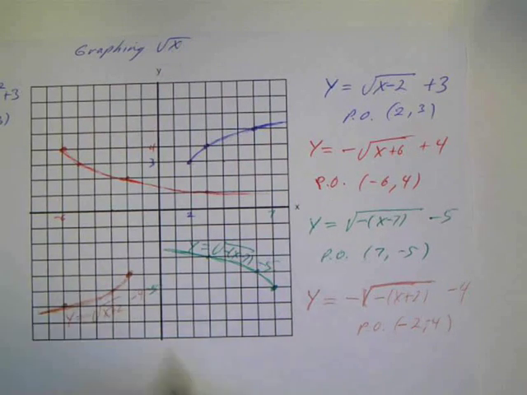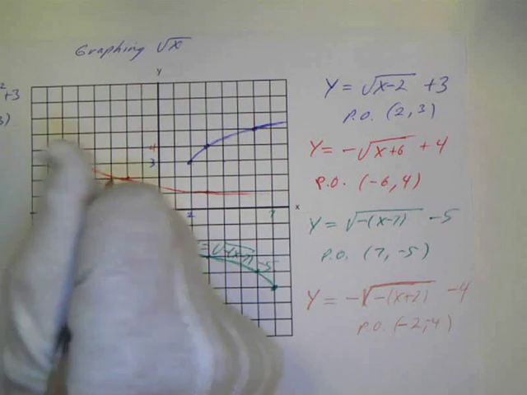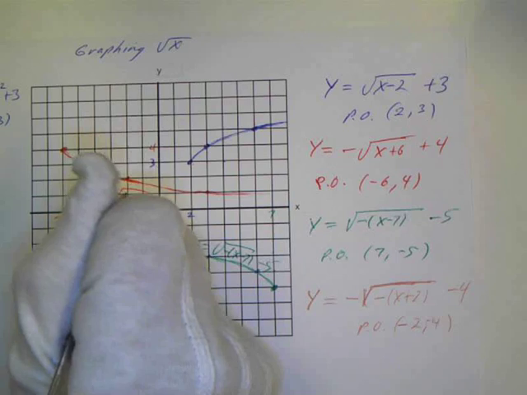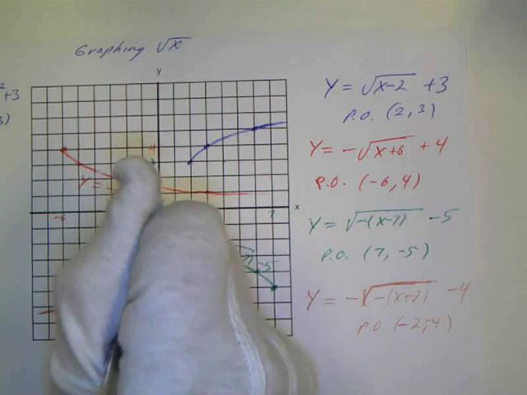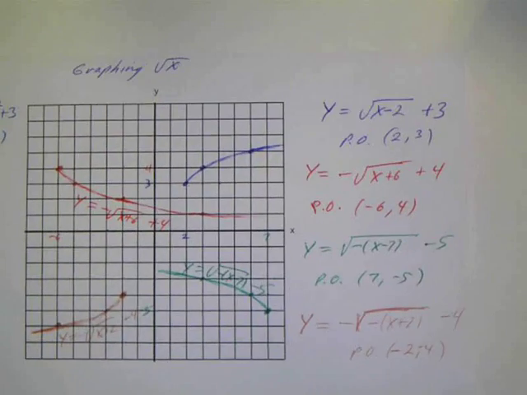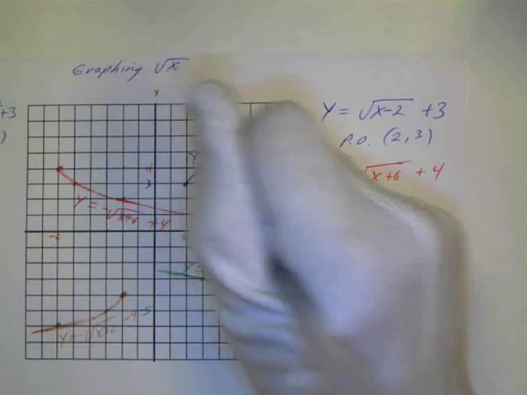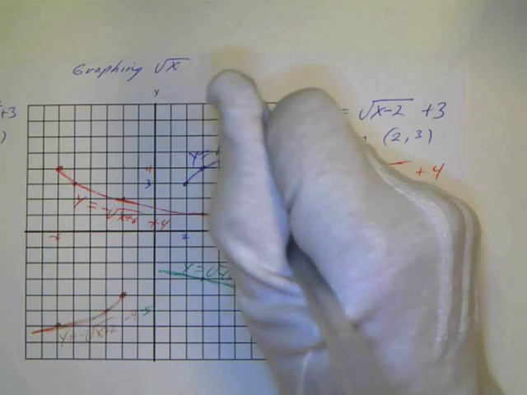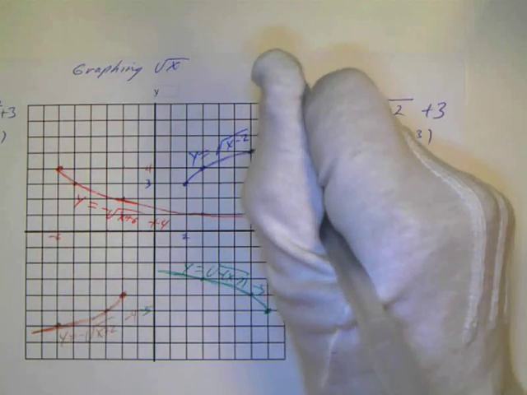And this over here was y equals negative the square root of x plus 6 plus 4. And over here this was y equals the square root of x minus 2 plus 3.